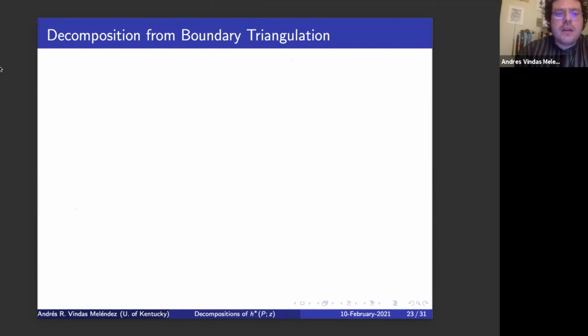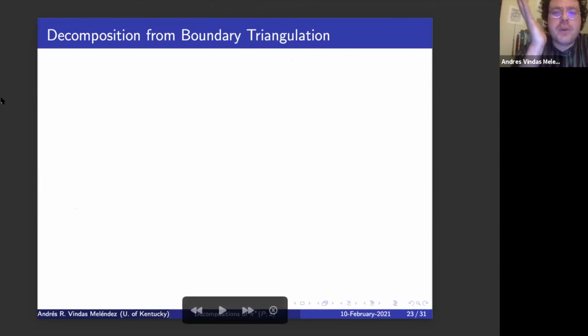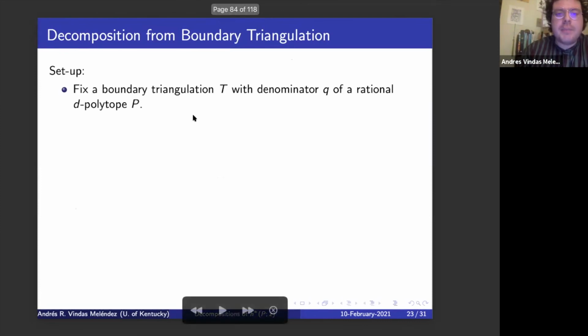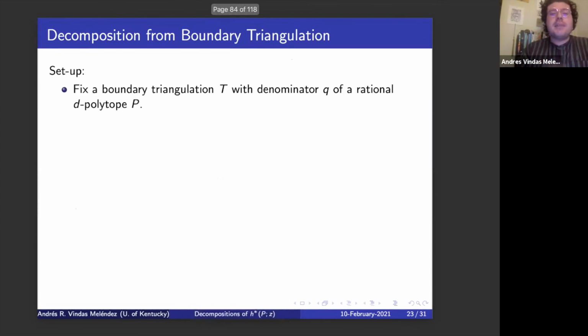So now I want to give a decomposition of the H-star polynomial coming from a boundary triangulation. Okay, so in this setup now, I'm fixing a boundary triangulation. And so in that H polynomial, I have to keep track that I'm bringing it one dimension lower.